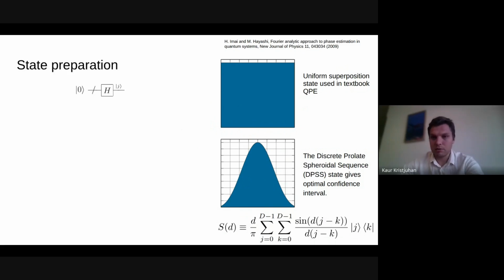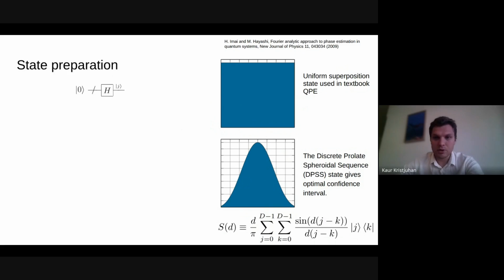Now, there are techniques to prepare arbitrary states. You could just say, well, it's just a list of numbers here, and we could have a state preparation subroutine which is going to prepare any state we like, but that will come at a cost. In the textbook version, just applying a Hadamard to all of the control qubits is really, really cheap.